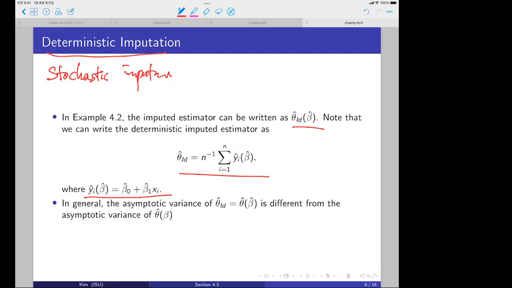Here the point is that the imputation estimator depends on an unknown, estimated parameter, which we can view as a nuisance parameter, right? So how to reflect the uncertainty in the nuisance parameter is the key issue, and that issue needs the linearization.